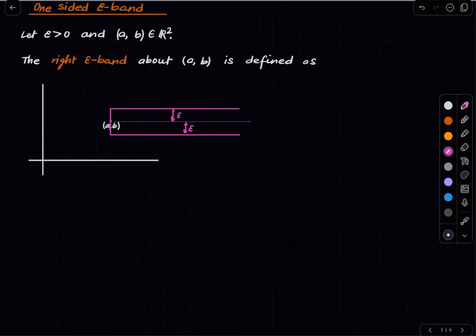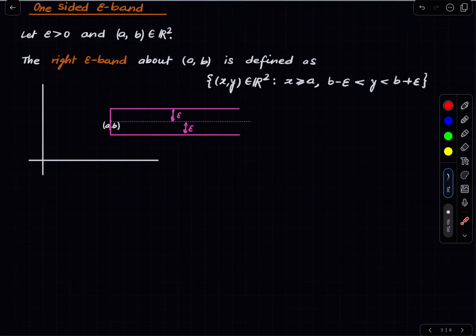The formal definition is just the points in R2 with the property that x is greater than or equal to a and y is strictly between b minus epsilon and b plus epsilon. So this is included, and everything to the right of it, but these horizontal lines are not included. Okay, so I'm sure you get the definition of the right epsilon band. Similarly, you can define the left epsilon band.